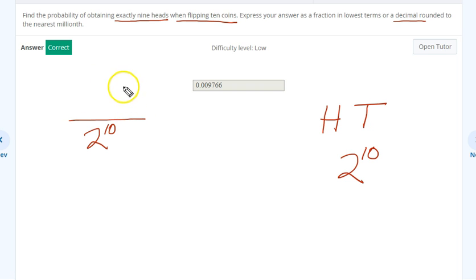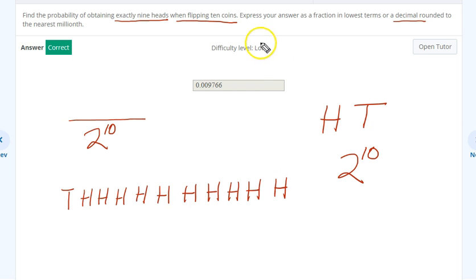Now, what are we looking for? Well, I'm going to draw this out and do it offline here for a moment. So what I've done is I've thrown 10 coins, and this one is tails. But now I have 9 heads. 1, 2, 3, 4, 5, 6, 7, 8, 9, 10.